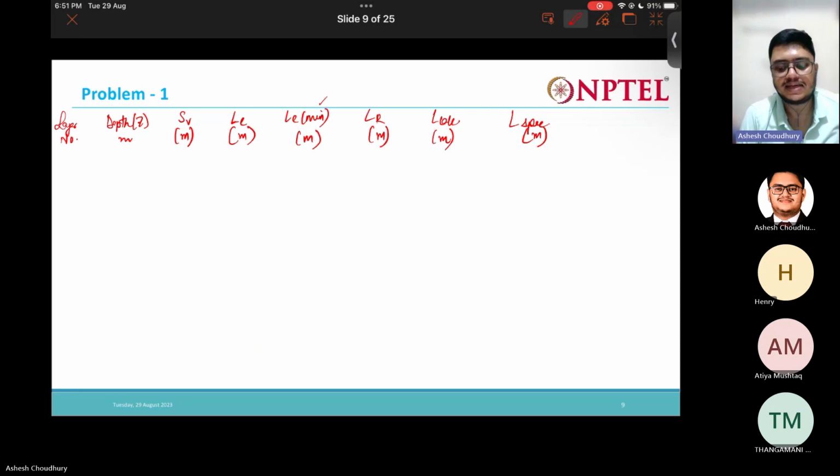This has been discussed in the lectures. So what is the minimum LE that is to be provided? As per codal provisions, what is the minimum embedment length that we should provide? Please recall what was discussed in the lecture.